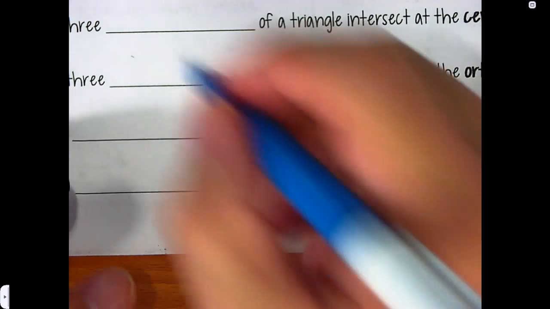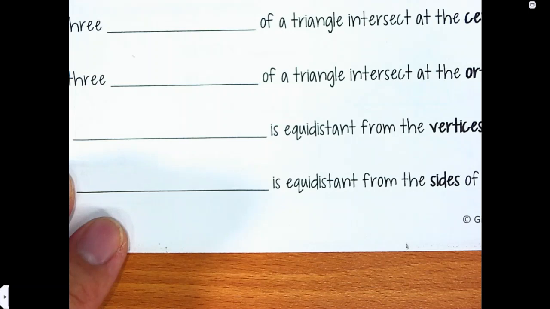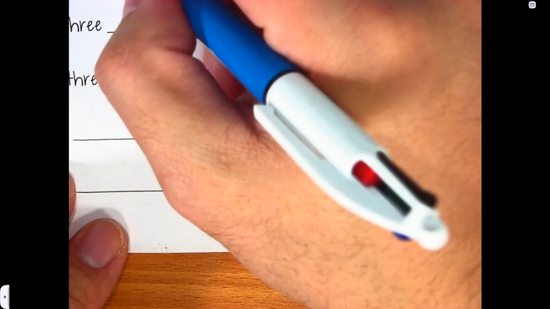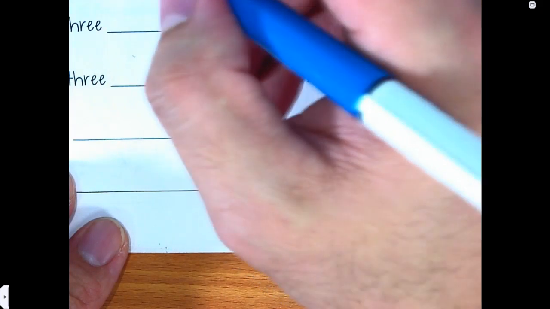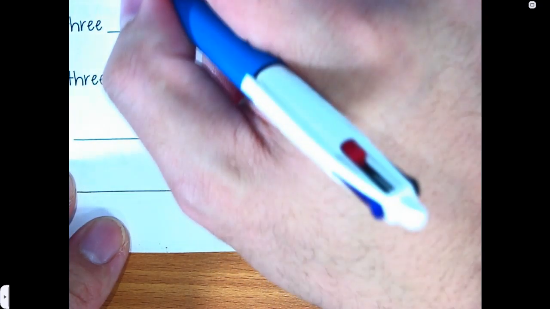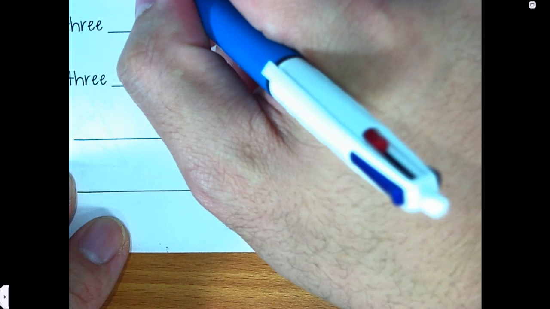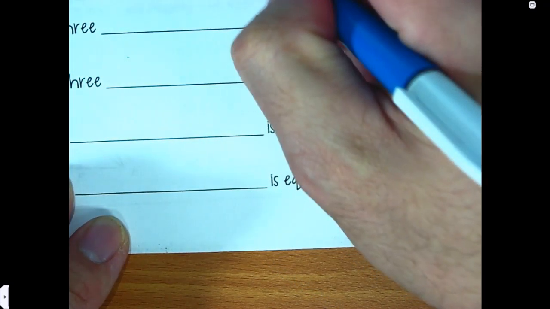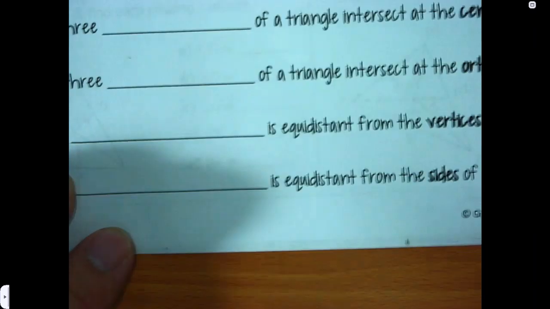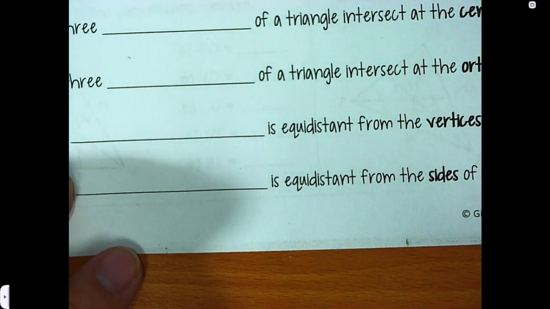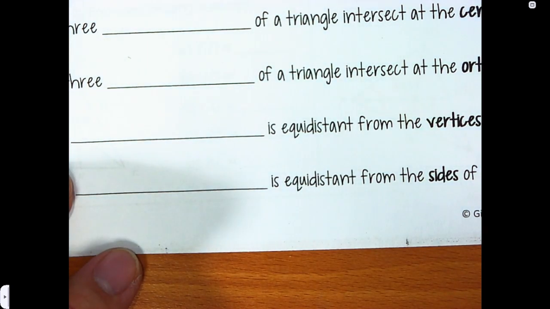For the incenter, it is the opposite of perpendicular bisector. It is going to be the angle bisector. That's what we're bisecting here. All right, so in this lesson, for this week and last week, we have been looking at 3 bisectors and 1 perpendicular. That is the altitude.